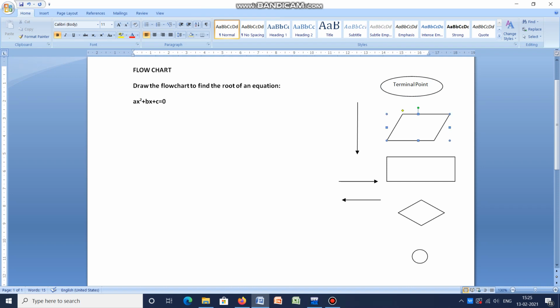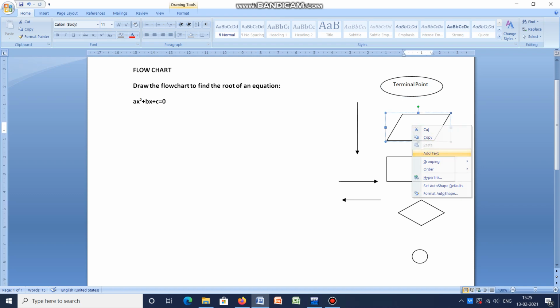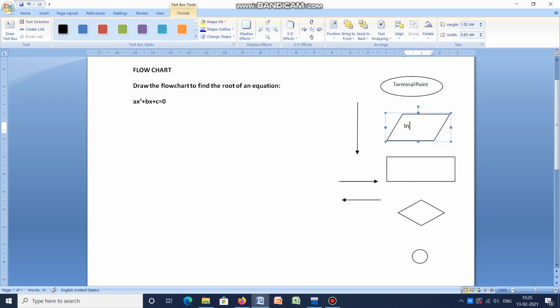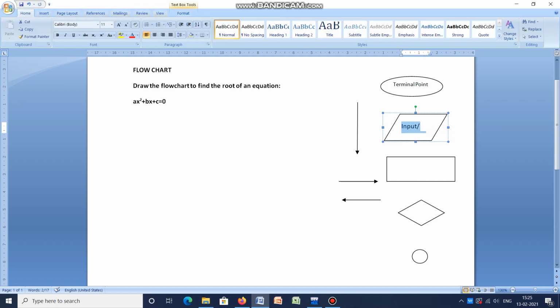Then this is input or output. Whenever you are entering anything from the user or whenever you are printing something, this block will be used.